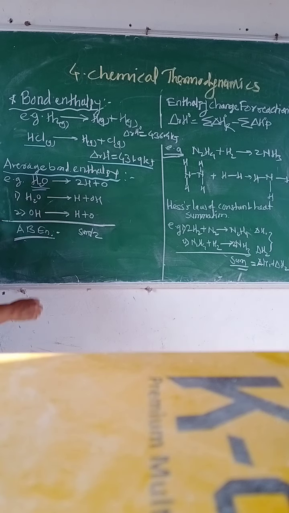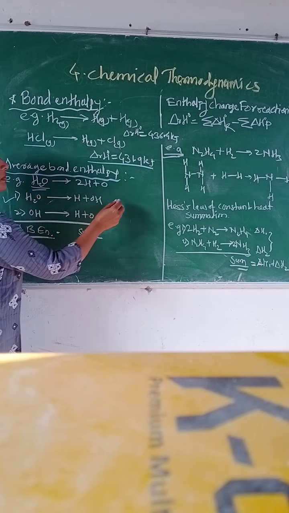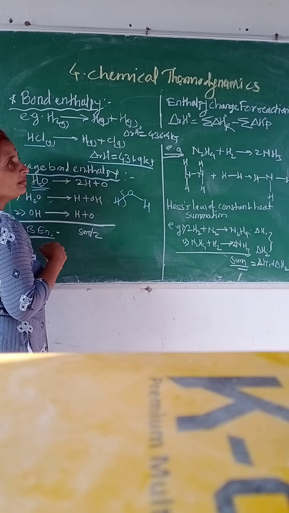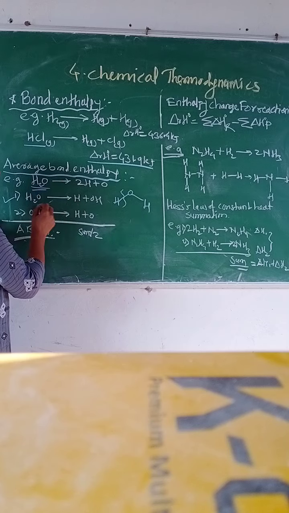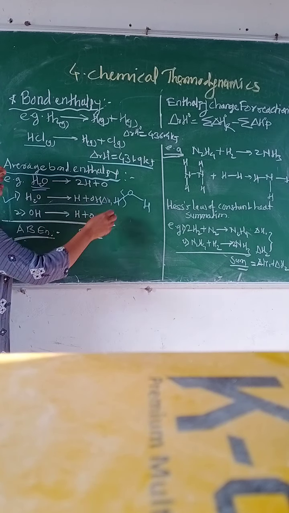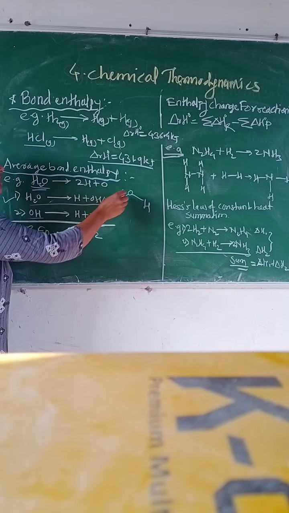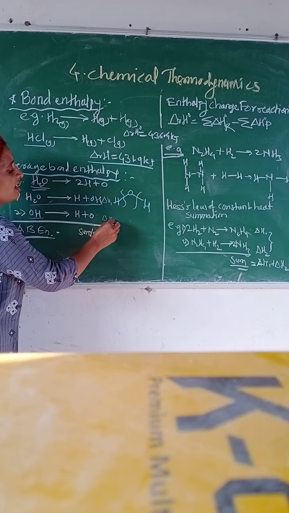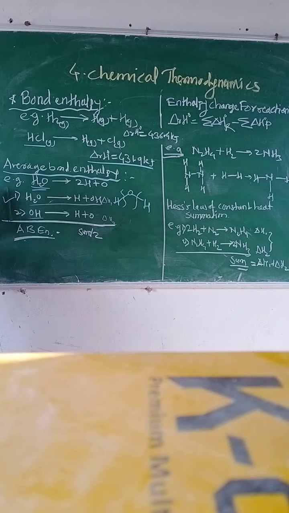In the first step, the H2O breaks one of the hydrogen bonds, that is delta H1. Then in another step, the second bond breaks, forming hydrogen and oxygen, that is delta H2. Then the average bond enthalpy is calculated.